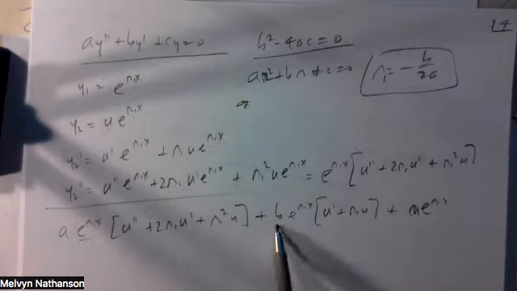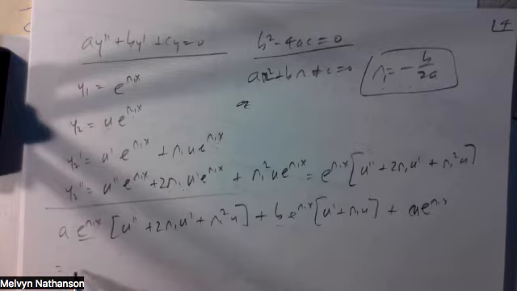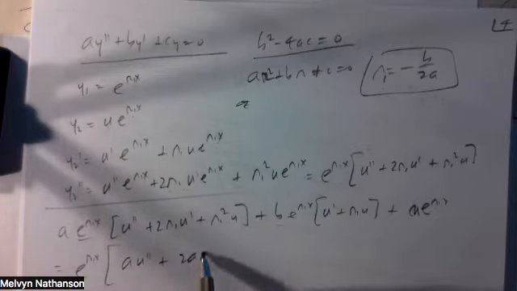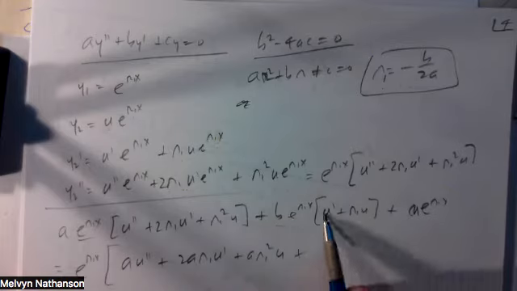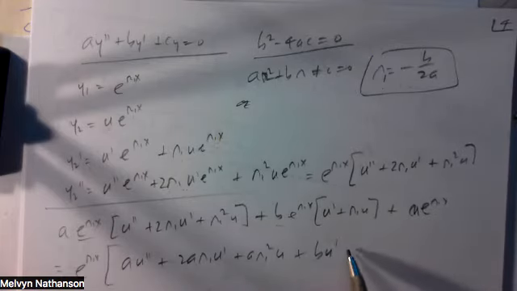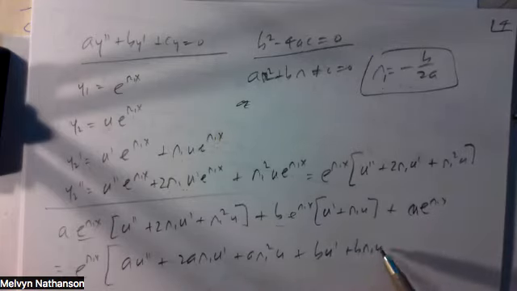And I have an e to the r1x in each term, which I can factor out. So I get e to the r1x times a u double prime plus 2a r1 u prime plus a r1 squared u plus b u prime plus b r1 u plus cu.